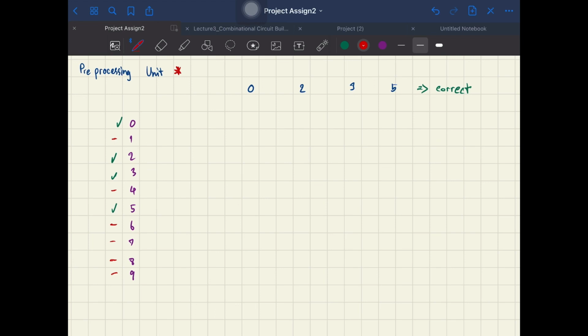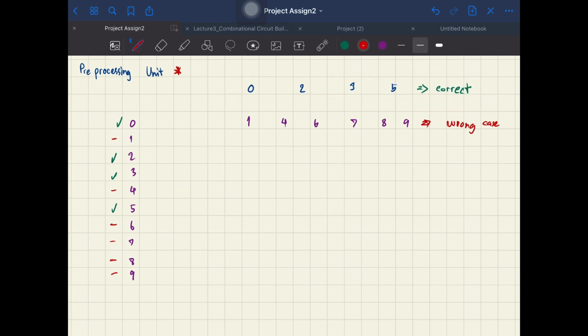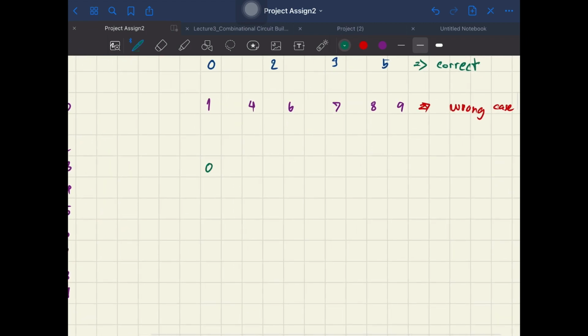I will write 1, 4, 6, 7, 8, and 9 as a wrong case. And I will talk about the wrong case later. I will talk about the correct password first. So my password has 4 digits, right? 0, 2, 3, 5.